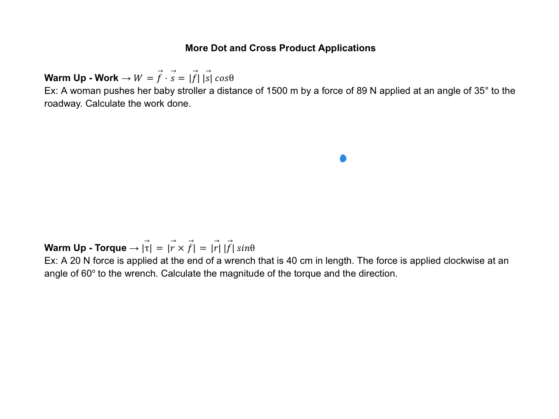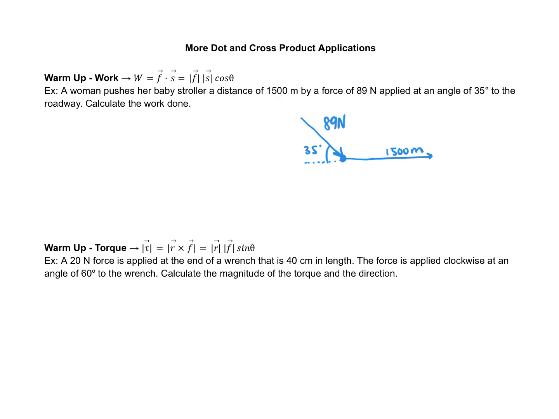This dot will represent the stroller, just for simplicity. The stroller moves a distance of 1,500 meters, and there is a force acting on the stroller. That force has a magnitude of 89 newtons, and it is being applied 35 degrees with the ground.